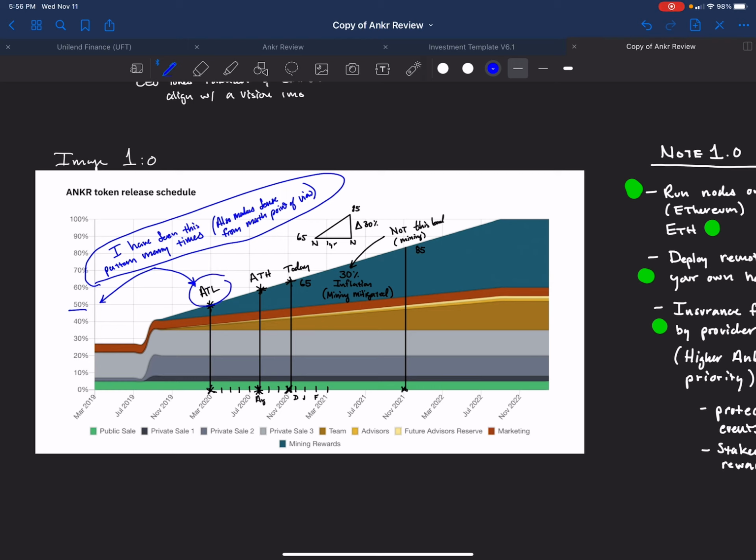I've seen it in the US and I've seen it in other projects. So one of the best entry points is usually right about here. When a project is highly inflationary, you want to get in when about 50% of the supply is released, because it also works out from a math perspective, since it's not super highly inflationary after that.